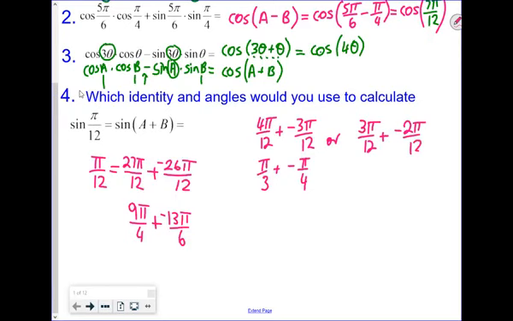All of these are giving you pi over 12. The question says, identify which angles you would use for your A and your B. If I was doing this one, my A equals pi over 4, and my B equals negative pi over 6. Okay, that's that one.